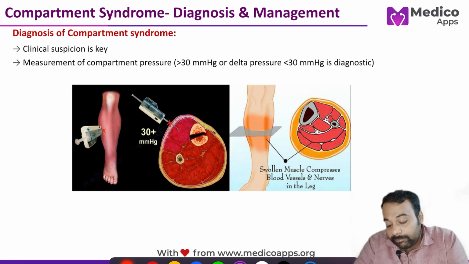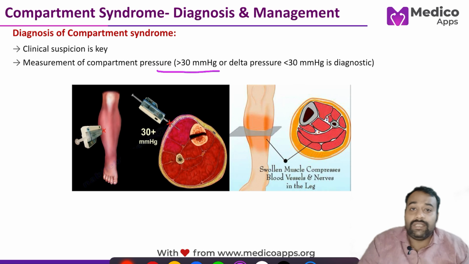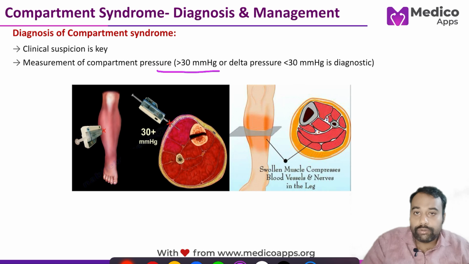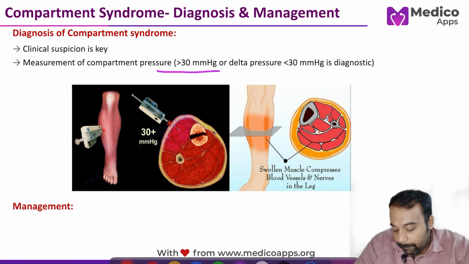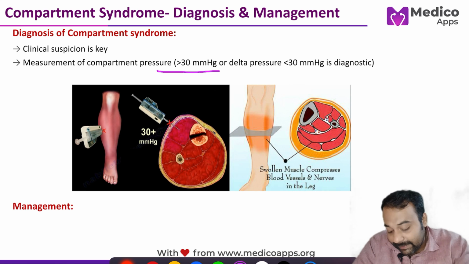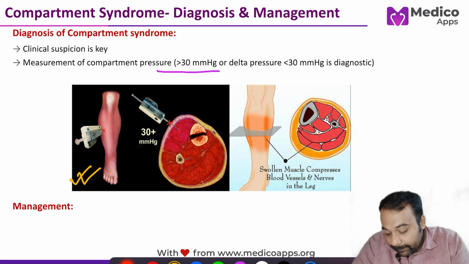A compartment pressure of more than 30 mmHg is supposed to be diagnostic of compartment syndrome. You can see that in this image, right? This is how we see whether there is increased compartment pressure or not.